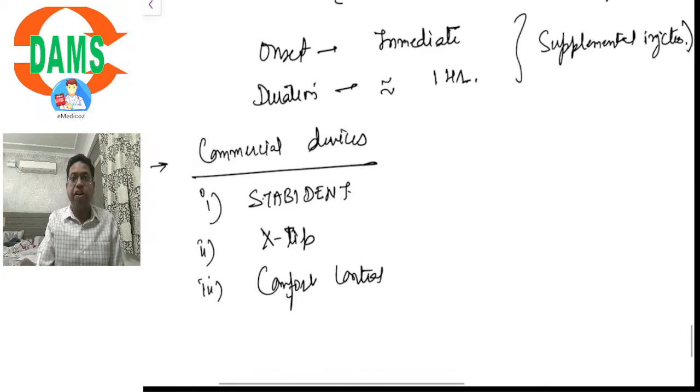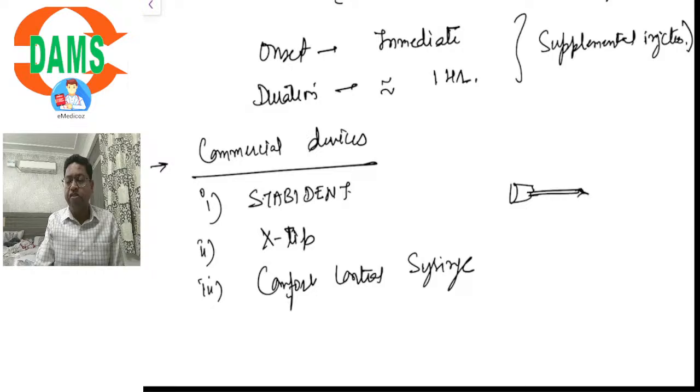These are examples of commercial products available for administering local anesthesia directly into the bone. Comfort control syringe has a special type of sharp penetrators. They can go directly into the bone through the mucosa.